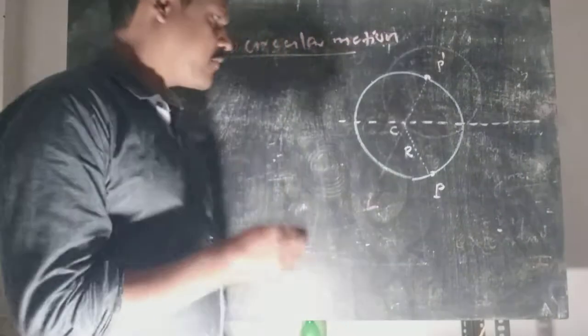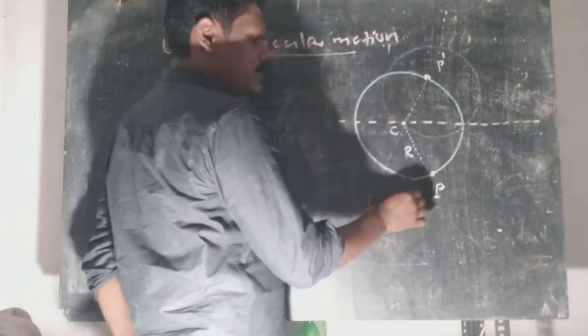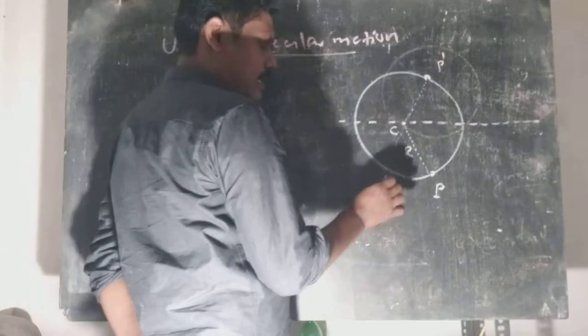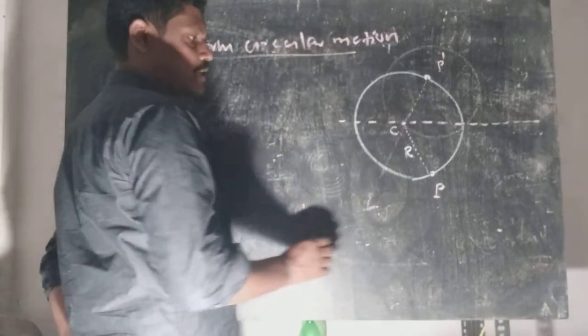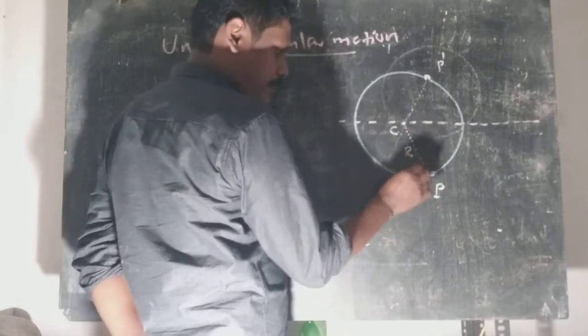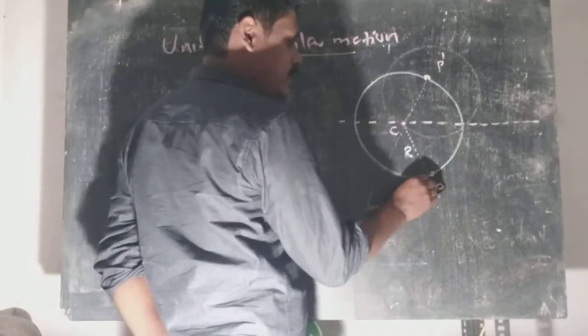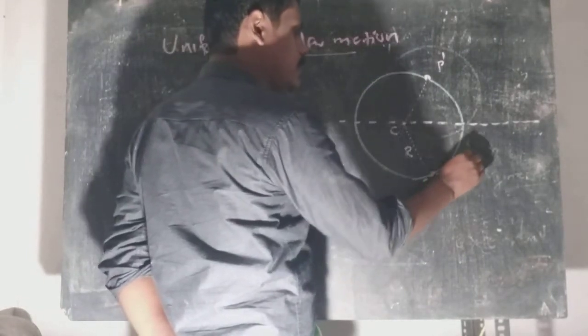When a body is in uniform circular motion, the direction of velocity is different at each point. The velocity is along the tangent at the point where we measure it.